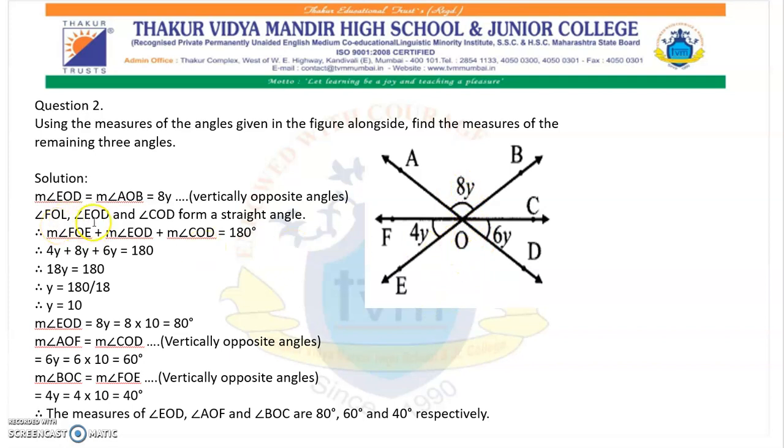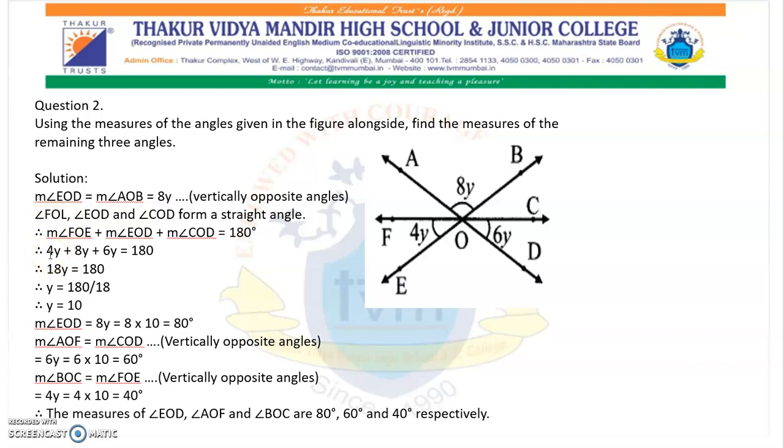Angle FOE, angle EOD and angle COD form a straight line. Therefore, measure of angle FOE, measure of angle EOD and measure of angle COD equal 180 degrees. This is not FOL, this is FOE. E is missing in this, so you have to assume this as FOE.